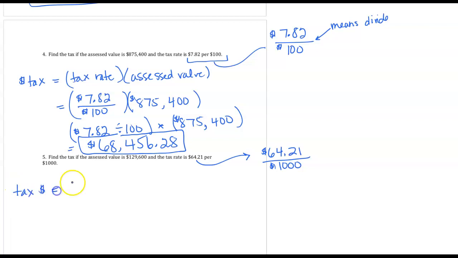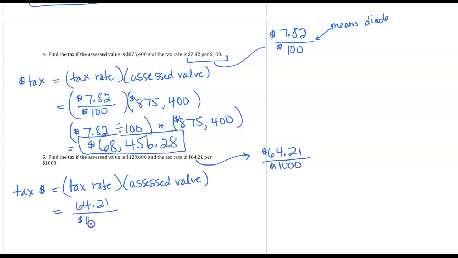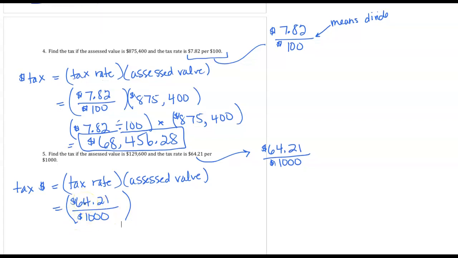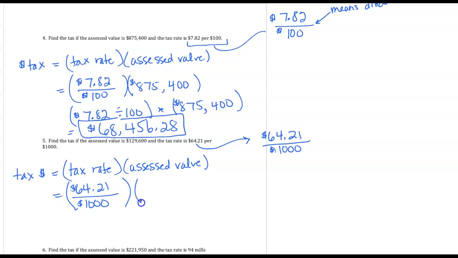So our tax amount is that tax rate times the assessed value. The tax rate we just said was $64.21 on top of 1,000. Remember that fraction bar means divide, and the assessed value was given to us as $129,600.